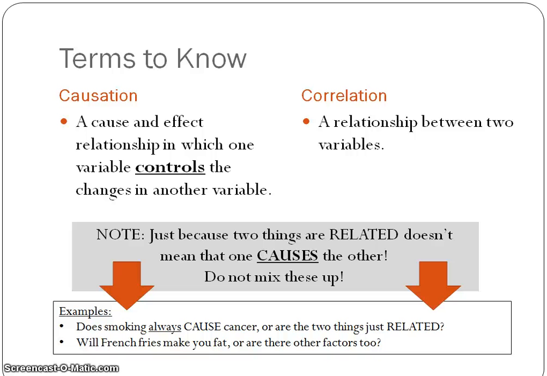So, although we can agree that smoking is terrible for your health and it's not a good idea at all ever, technically from a logical perspective, it's not a good idea to say that smoking causes cancer. You could also use the same kind of logic to decide, well, French fries won't automatically make you fat. There are other factors too.